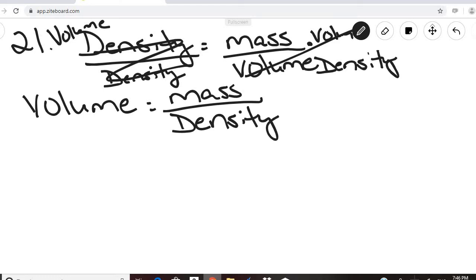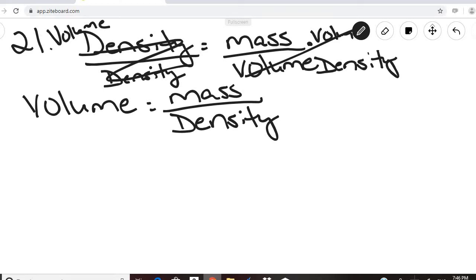Okay, so we are given the mass as 55.67 kilograms. And the units for density is 2.70 grams per milliliter.